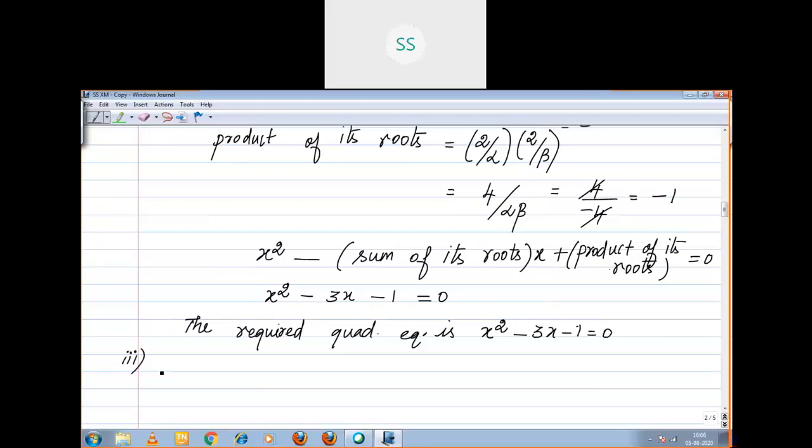What is the third subdivision? You see, alpha square beta plus beta square alpha, not plus, children, and it is given. The next step I am going to add, so I put plus first itself. But you have to write the question, right?